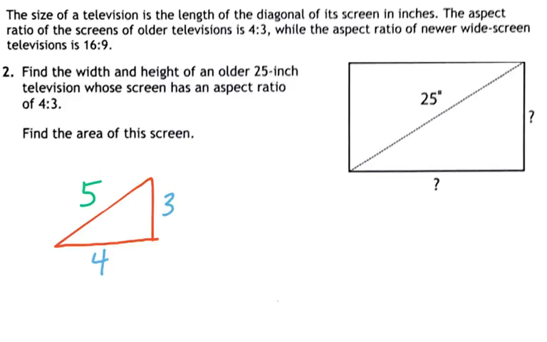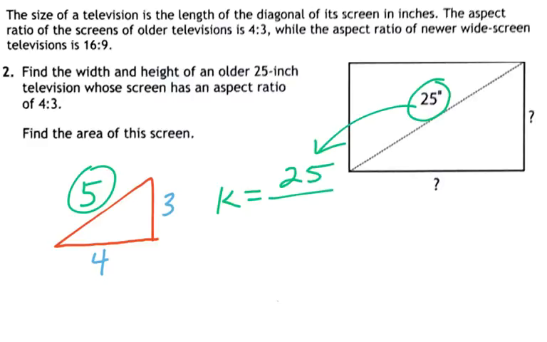So here we have 5 and its corresponding 25 in terms of similar figures, and k is equal to this 25 divided by the smaller 5, and k actually equals 5.